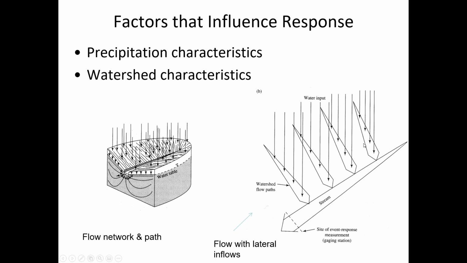And some of the models that we'll be learning this semester, the computerized tools that we use for modeling, kind of conceptualize a watershed like this, where you'll count how many upstream channels you have of a certain size and how much contributing area, and then you kind of predict the quantity of the flow based on the total cumulative area upstream. So this is not what you'd actually see in a watershed. This is just a schematic or a simplified representation.